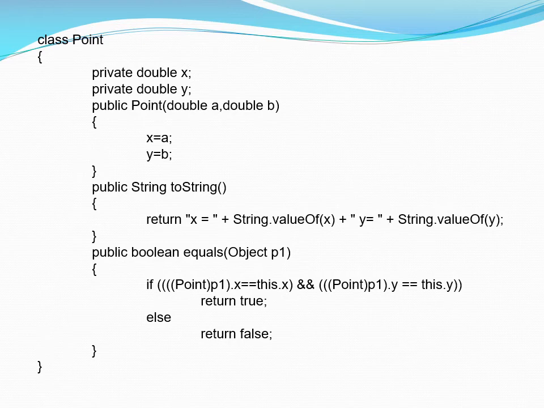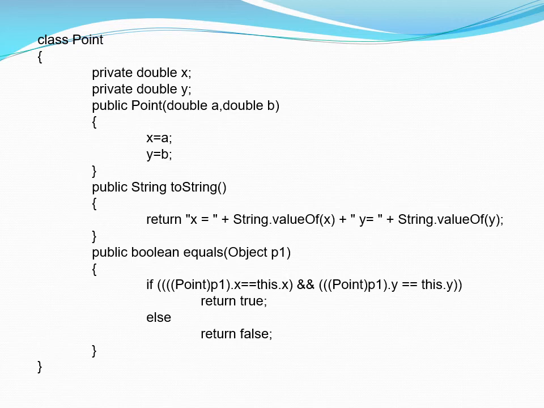It will have no meaning. It is meaningless to run the toString method or the equals method or any other method as is. So what we can do is override these two methods in our class Point, giving our own implementation in the Point class.